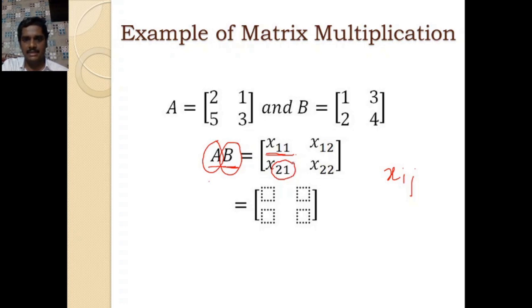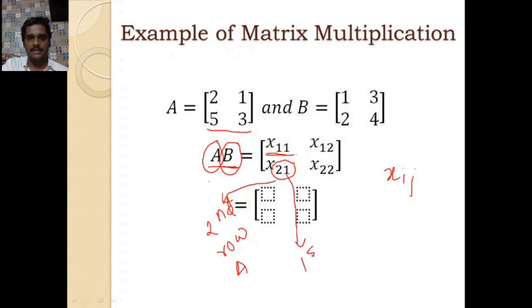Suppose I am talking about this x21. So row index is 2. So second row you have to pick. You have to pick second row of A. Means this. Column index is 1.